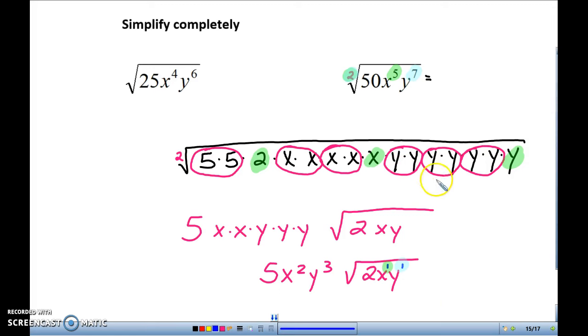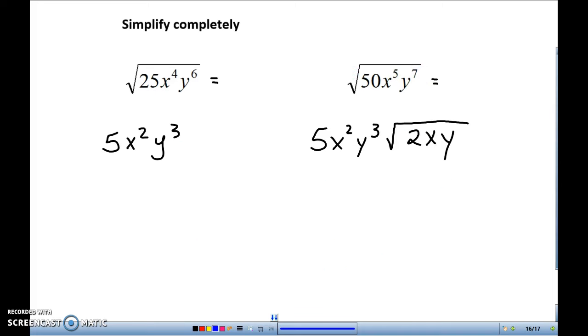These that all came out make y to the 6th times y. These that came out made x to the 4th times x. Do you see any shortcuts? You don't need to do any shortcuts. If you don't see it, you can do this whole thing in expanded form.